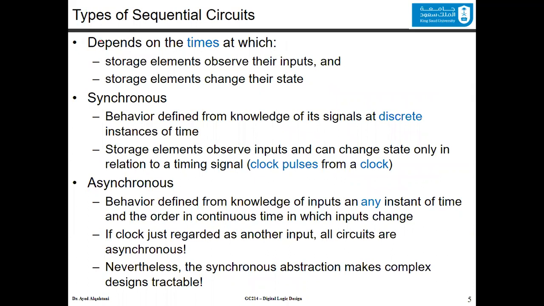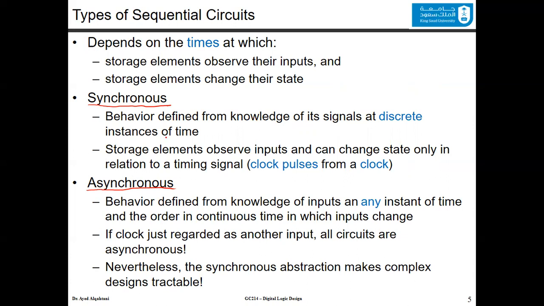Let's check the types of sequential circuit. It depends on the factor that you're trying to use to distinguish different types. If you think about the times, it depends on the times at which the storage elements observe their inputs and can change their state. Based on these times, we have synchronous sequential circuits and asynchronous sequential circuits. In the synchronous sequential circuit, the behavior is defined from knowledge of its signals at discrete instances of time.